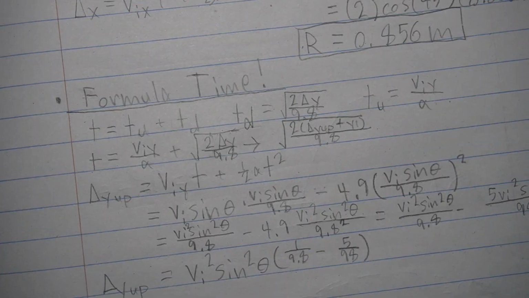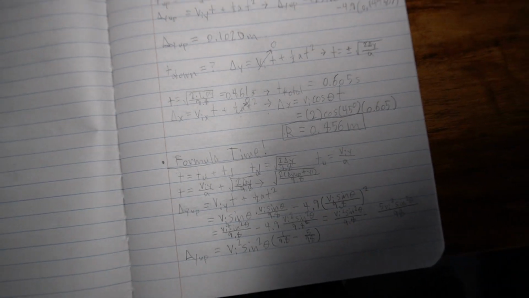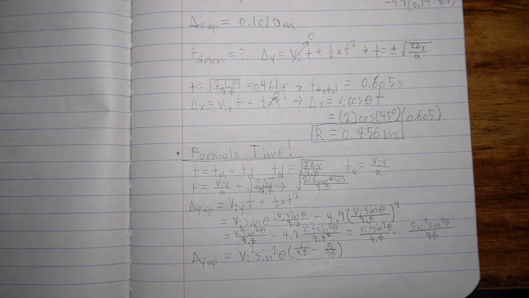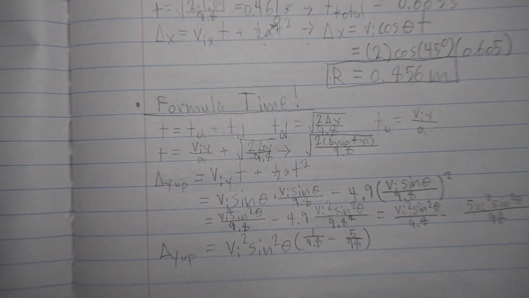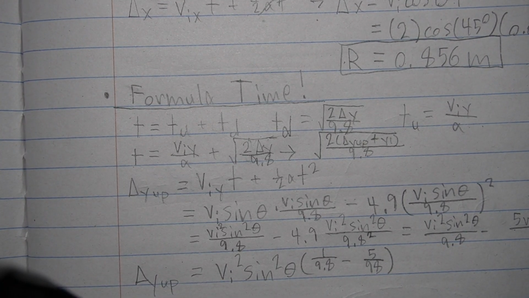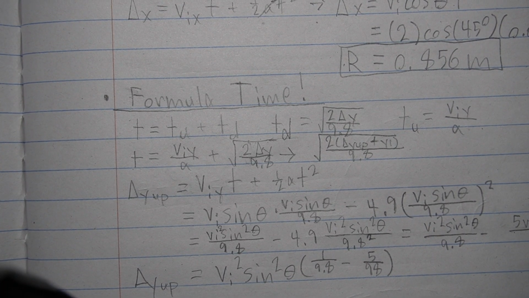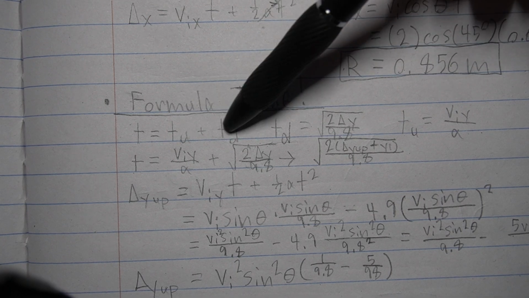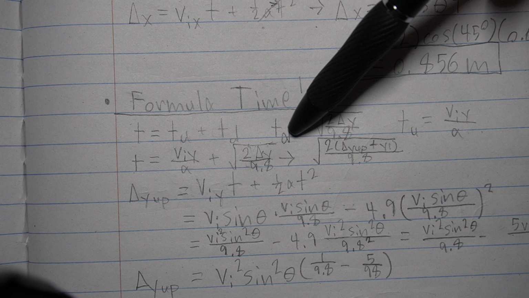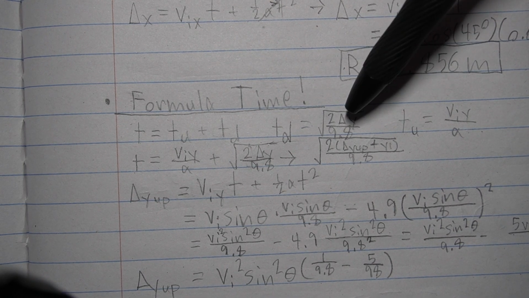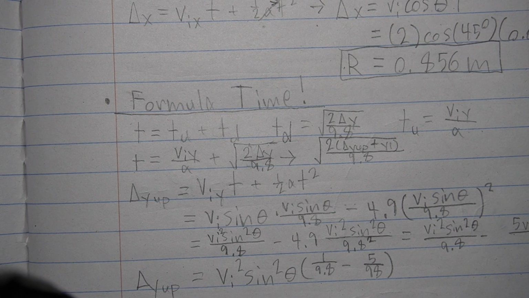And now that I did it once, I can start working on a formula. Obviously T total just equals T up plus T down, TU plus TD. So I already had that equation for TD, root 2 delta y over 9.8.